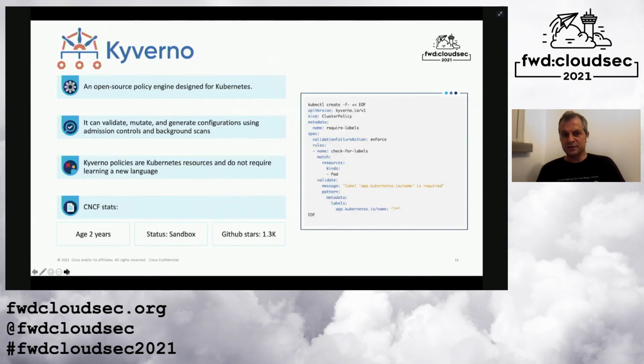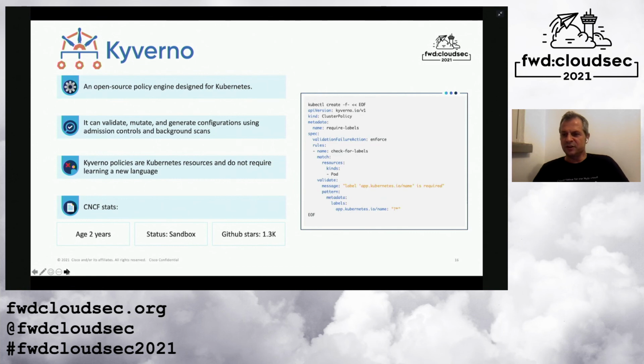Now, the competing project is Kyverno, and Kyverno is, again, another open source project. You can validate and mutate, but OPA as well can do the same. You can validate and mutate configuration. So if we want to use validating and mutating, both OPA and Kyverno are good candidates for that. Now, the good thing about Kyverno is that the policies are Kubernetes resources.